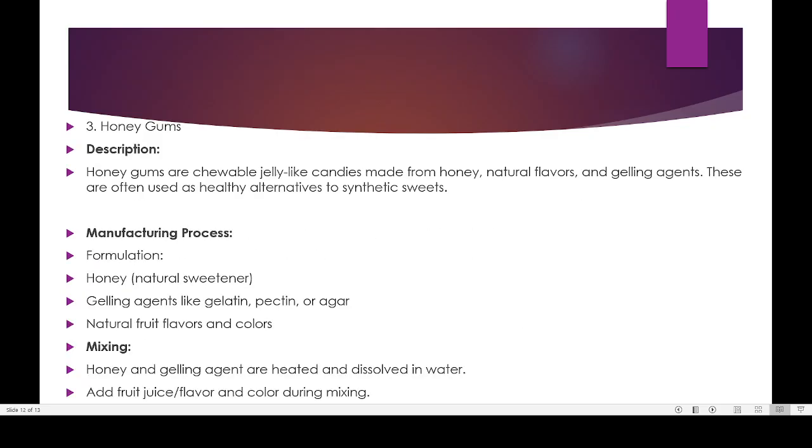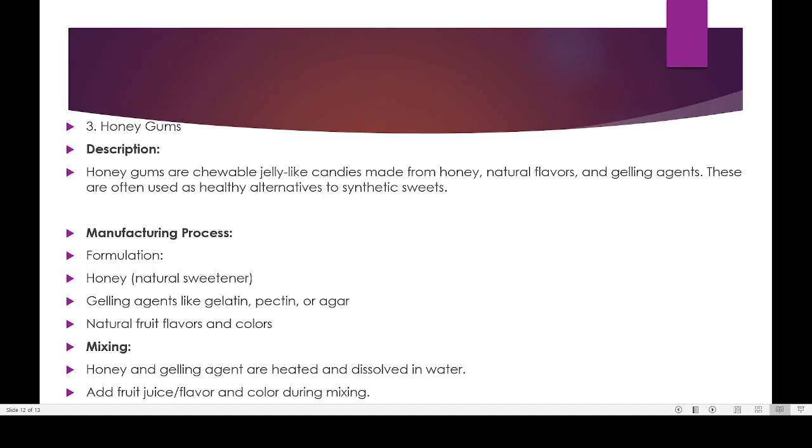Then another is honey gums. We don't know if there is a picture of honey gums. See, these are all honey gums. Here also you can see this.